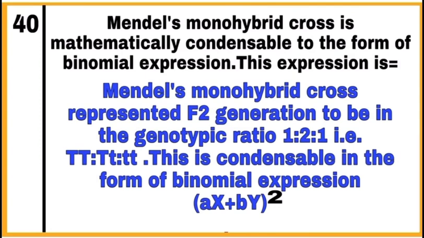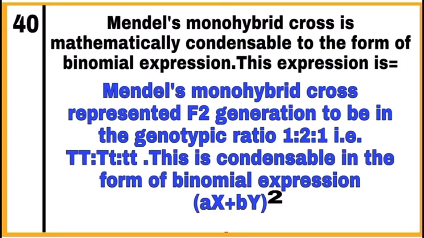40. Mendel's monohybrid cross is mathematically condensable to the form of binomial expression. Mendel's monohybrid cross represented F2 generation to be in the genotypic ratio 1:2:1, that is capital T, capital T, capital T, small t and small t, small t.